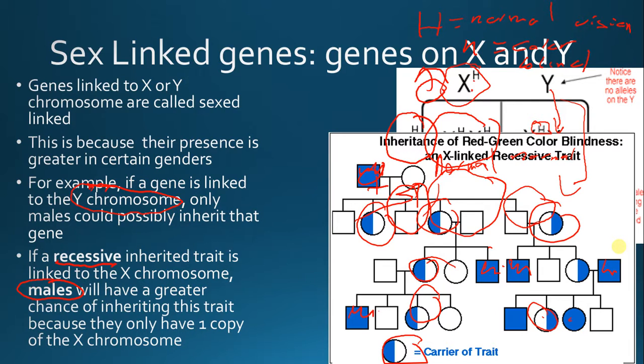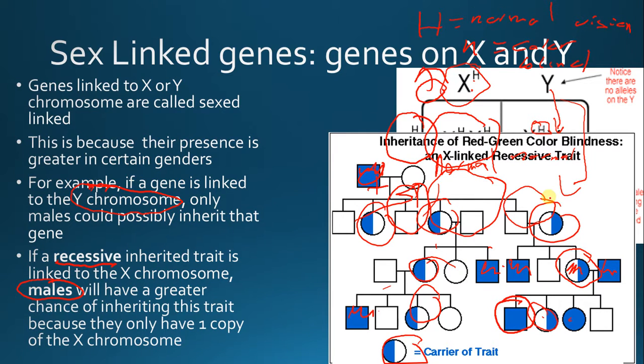If it's an X-linked dominant trait, then we can't really say that women or men will have it more often, because either gender will have the disorder if they only have 1 copy. But we can say something. We can say that in an X-linked dominant disorder pedigree, if a male is affected, so too will their mother.